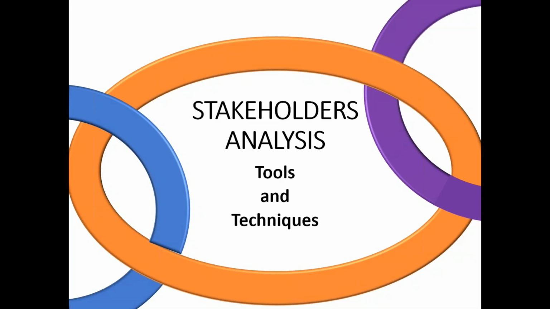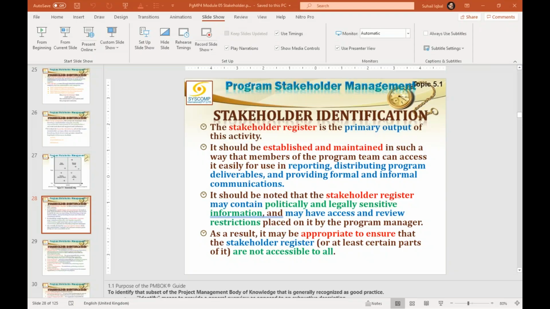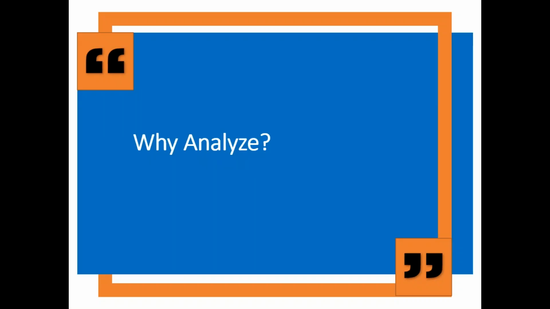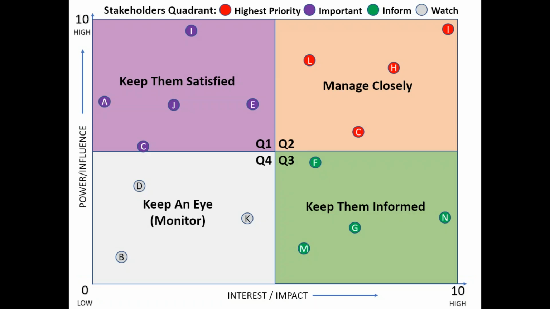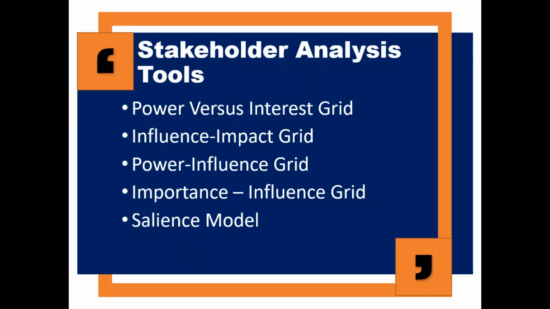So just look at it. This is so interesting. We have many ways of dealing with stakeholders, and all have to be discussed here. There are two-dimensional models and there are salience models. First, the two-dimensional models. Let me move on to the respective slide. So we can have a power versus interest grid.